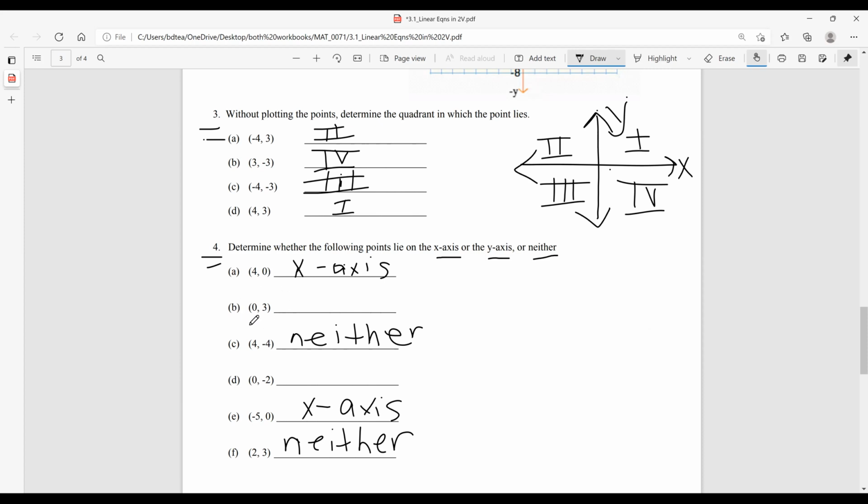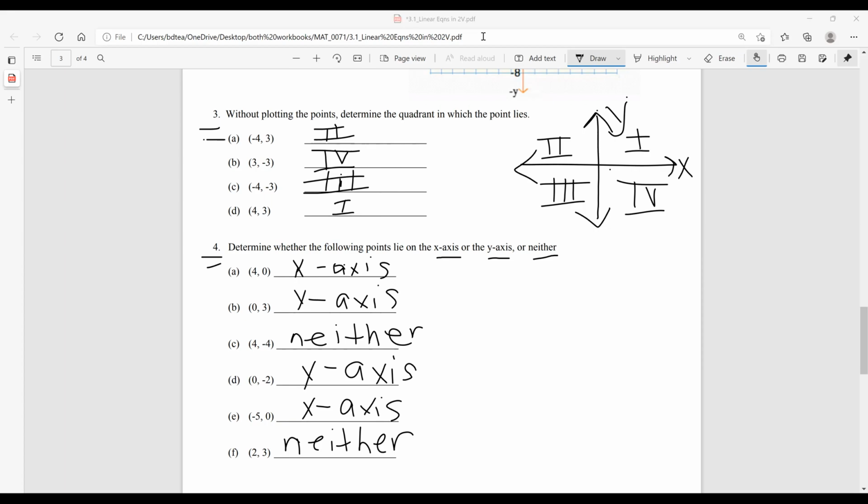Looking at the point (0, 3), it is going to be on the y-axis. And again, even (0, -2) is still going to be on the y-axis. Okay, you can pause and redo those if you like, just for some additional practice.